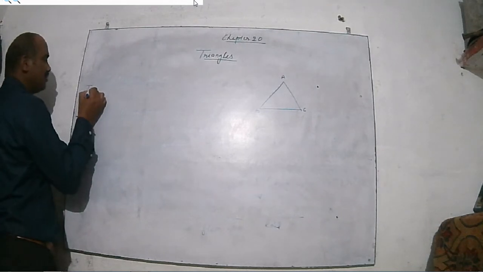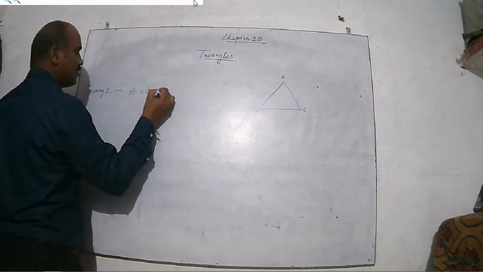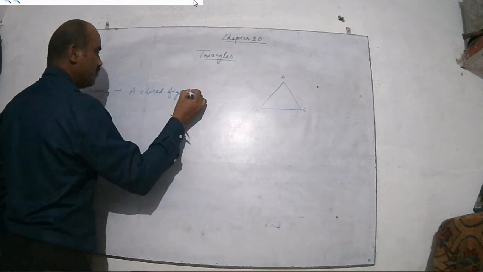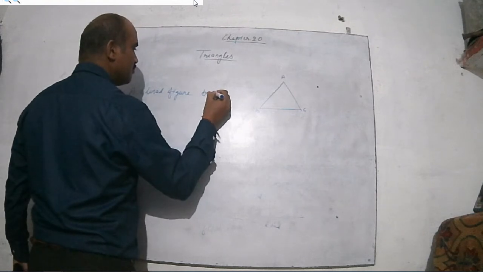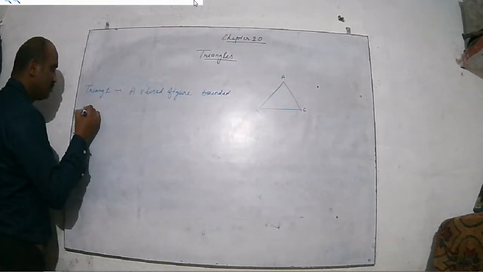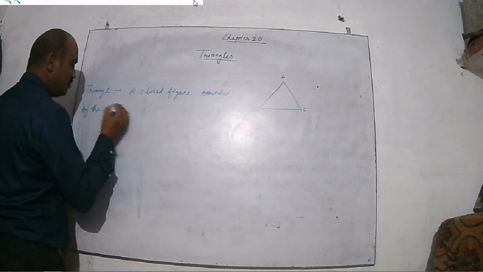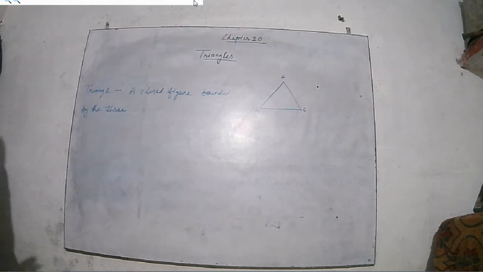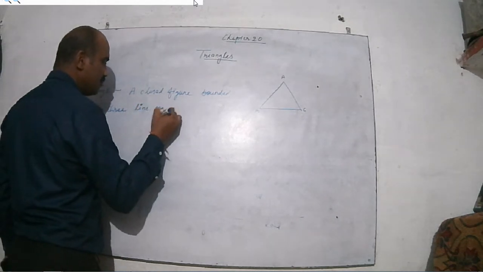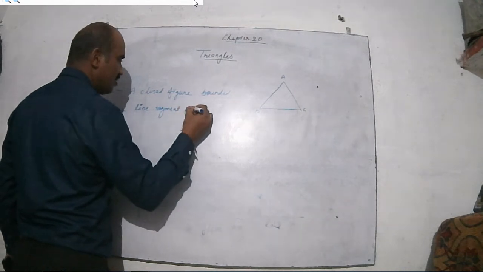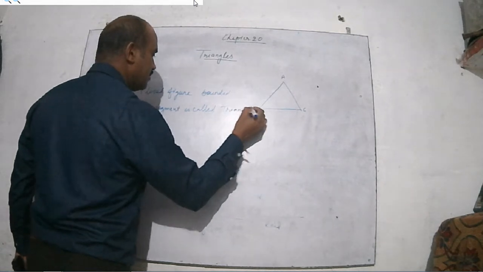The definition is: a closed figure bounded by three line segments is called a triangle.